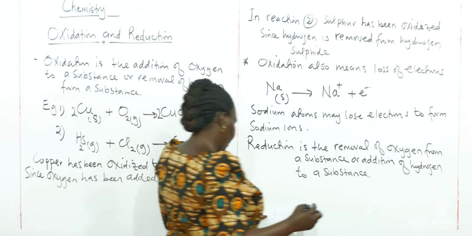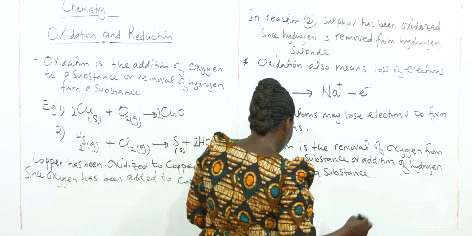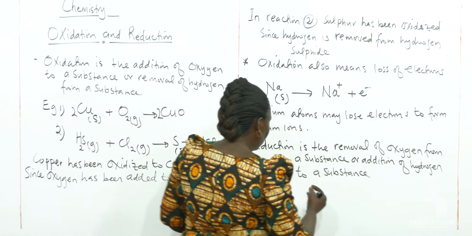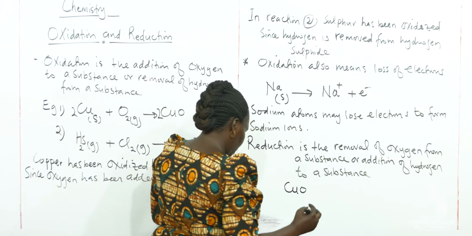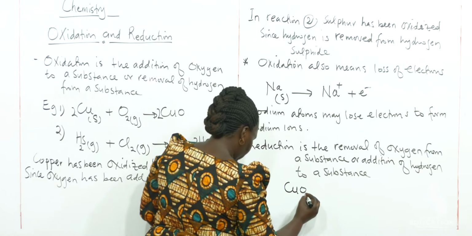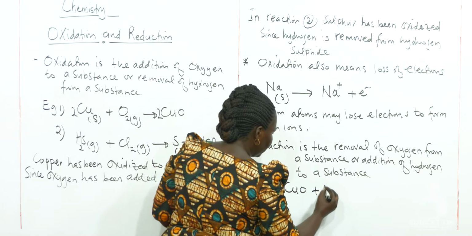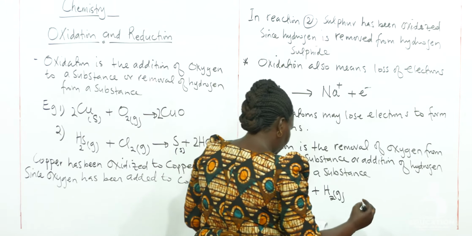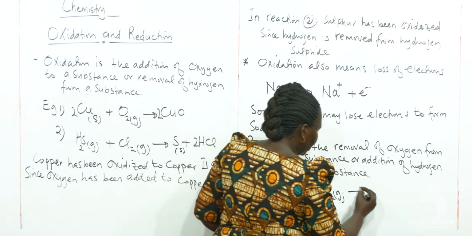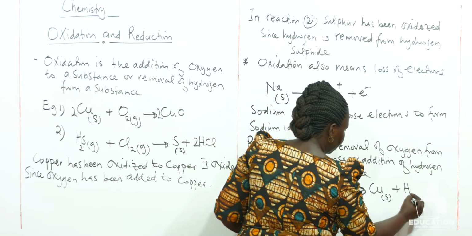We have copper 2 oxide in a reaction. Copper 2 oxide reacts with hydrogen gas to give us copper in solid form plus water.